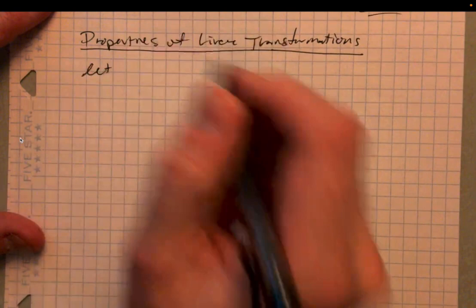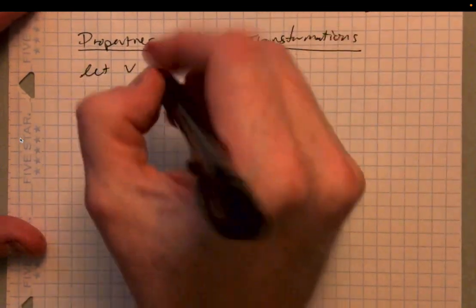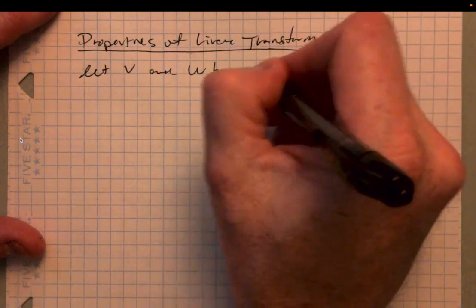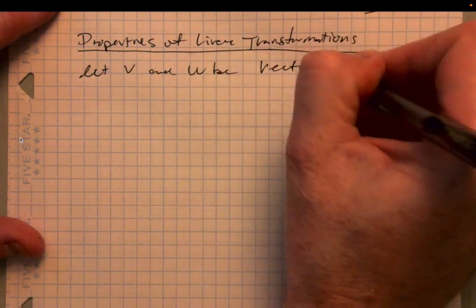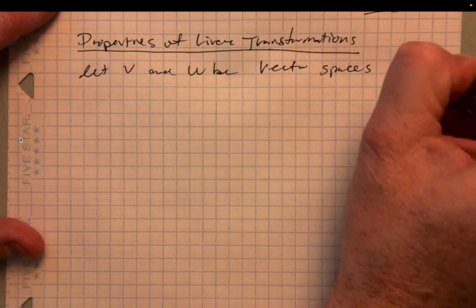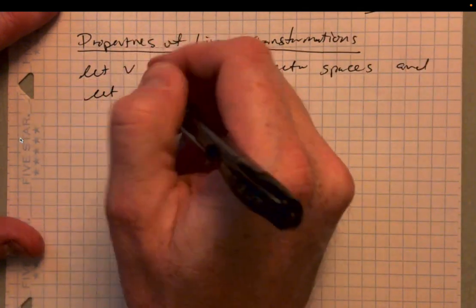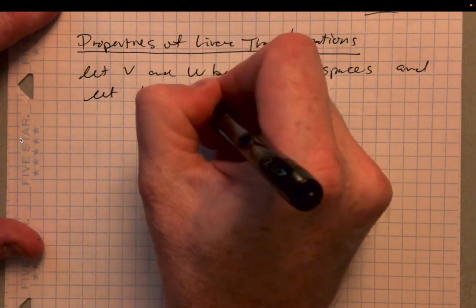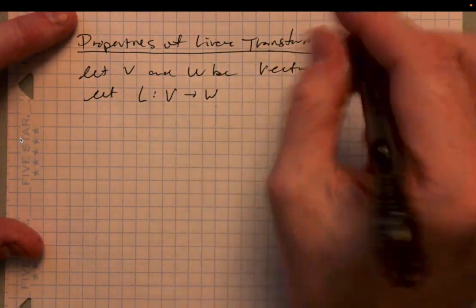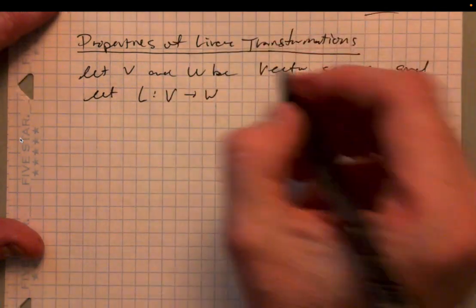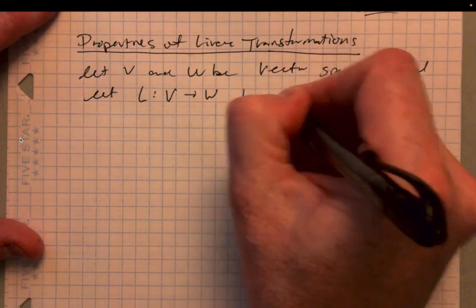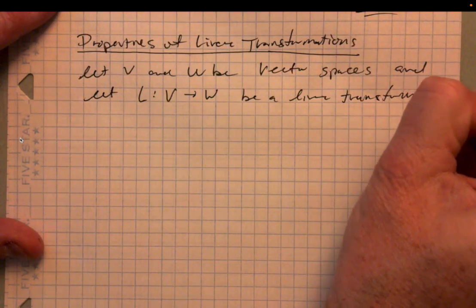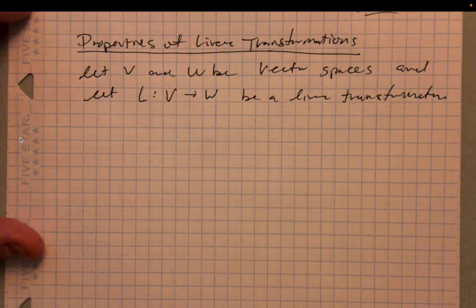Well, let V and W be vector spaces, and let L be a function from V into W. We're going to say L is a linear transformation.